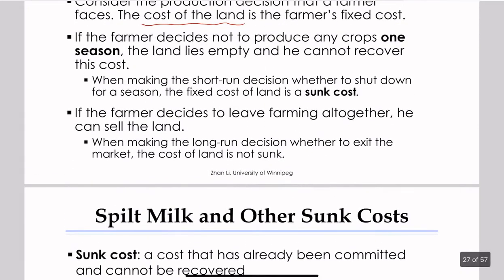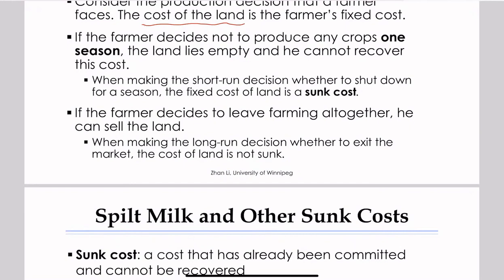Now, what about in the long term? Well, in the long term, it will be different, right? If the farmer decides to leave farming altogether, that is, the farmer wants to exit the market, the farmer can sell the land if he owns the land.